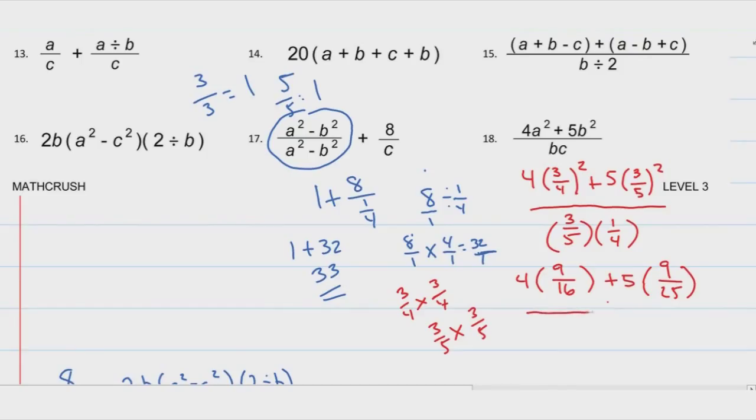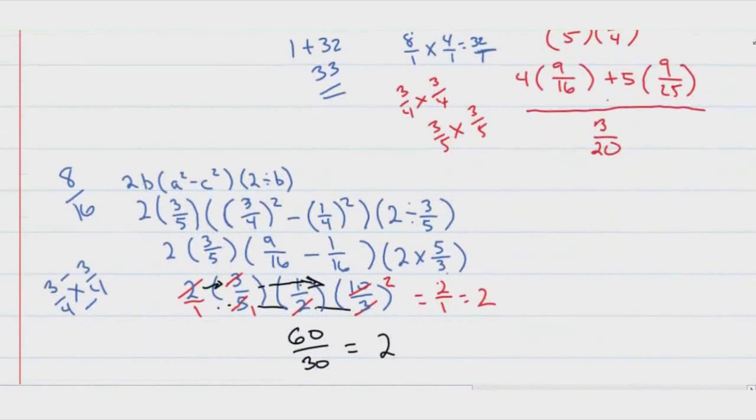And that's all going to be over 3/5. You know what? Matter of fact, why don't we just multiply that real quick? Just save us some time, so I don't have to keep on writing that. That's going to be 3/5 times 1/4, which is going to be 3/20.